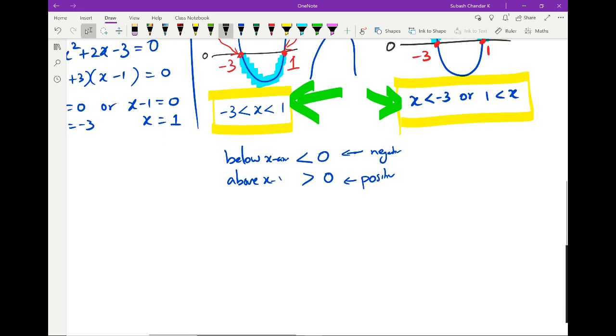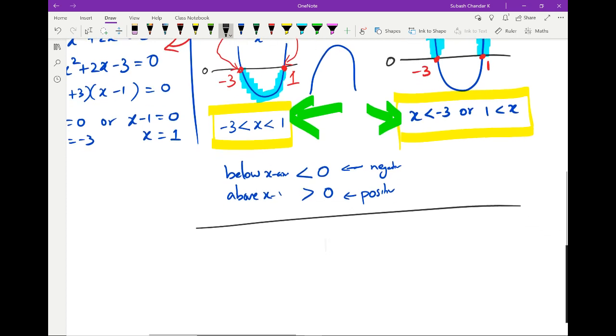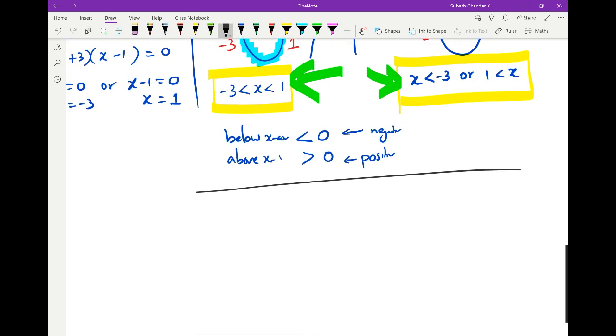let's have a look. So let's say you get a question that looks like this. I'm trying to think of a question off the top of my head. So let's say we've got -x squared plus 2x. Wait. This is what happens when I try and do questions on the spot. Give me 1 second. I'm just going to open up my other window to try and get a question.